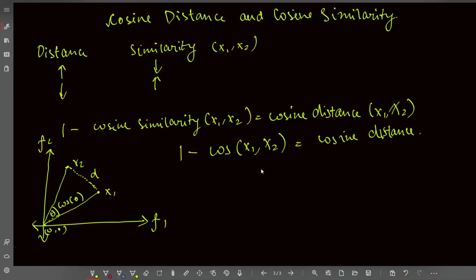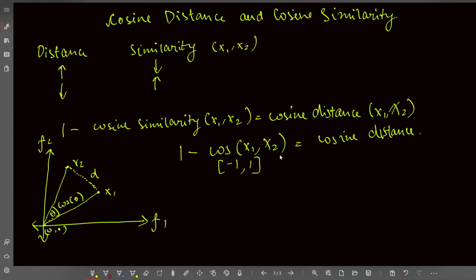Now, you know that cos varies between -1 and 1, right? That's the range of the cosine function. So the cosine distance basically varies between 2 and 0.